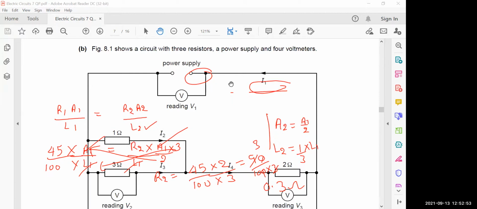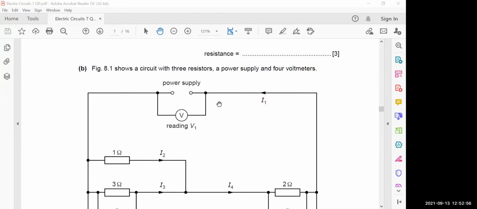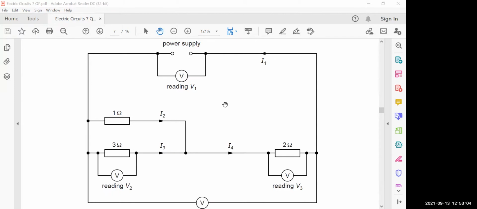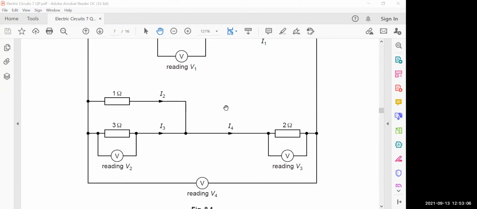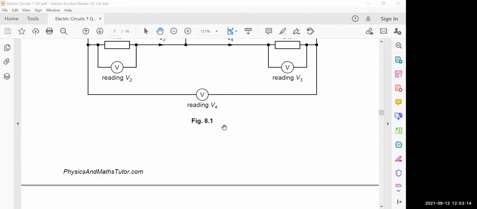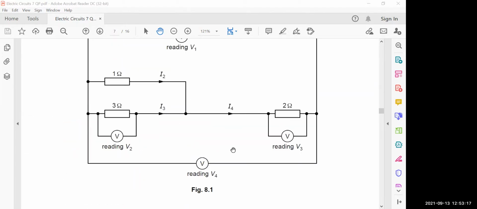Let's move to the next question, 5b. There is a circuit diagram with 3 resistors, a power supply, and 4 voltmeters: V1, V2, V3, V4. What we have to do in this question is calculate the combined resistance of the 3 resistors.